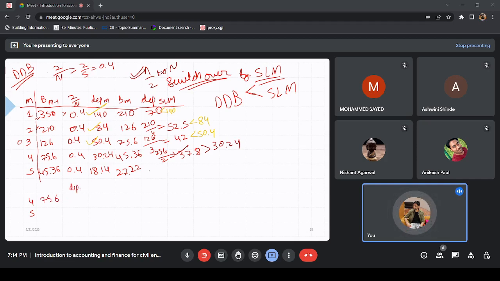Depreciation is by SLM, it is 37.8. So the book value at the end of 4th year becomes 37.8, and for the 5th year 37.8 is your book value at the starting, depreciation is 37.8, and book value becomes 0. So we did switch over at the end of 3rd year.